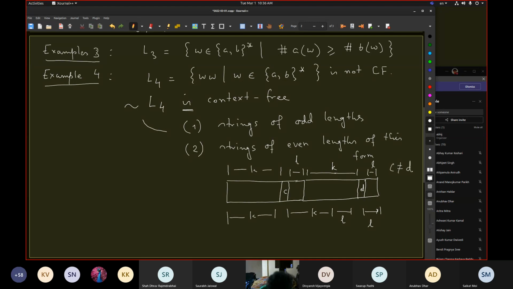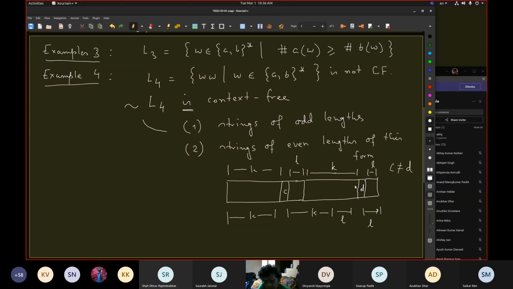This way I can also find the corresponding position. Read some K symbols. Remember whatever you read. Once again you read K symbols. Then you read some L symbols.